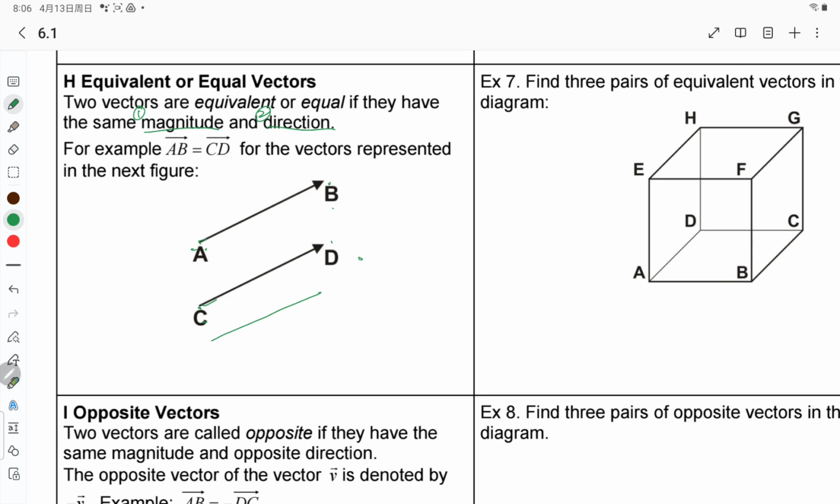We can move the CD vector up, and it's just the same as vector AB. So a vector is really not restricted by any position in your space. It's just characterized by the two components, the magnitude and direction.